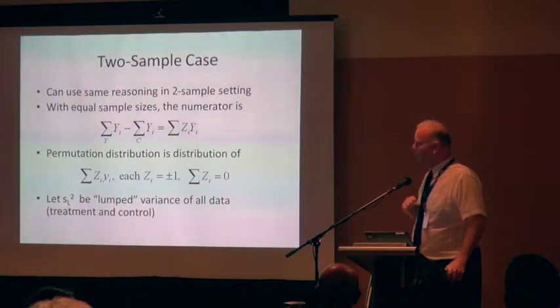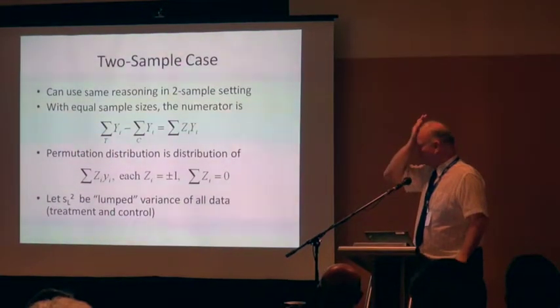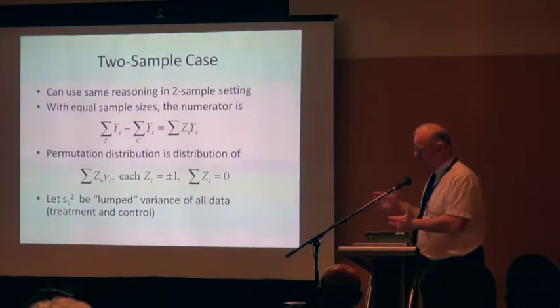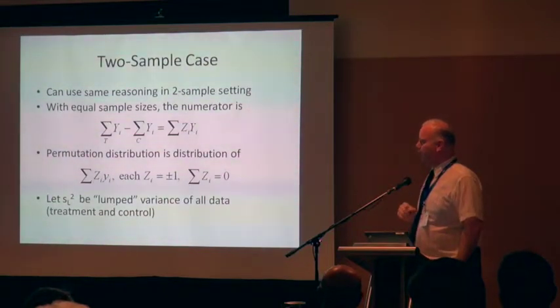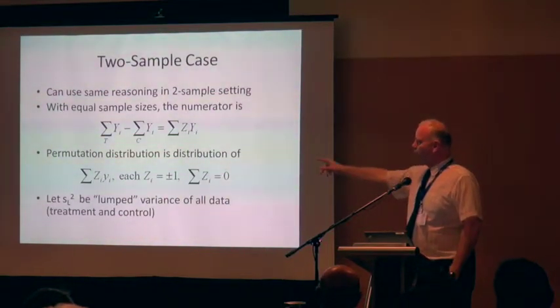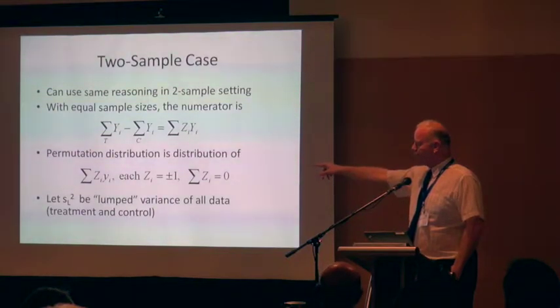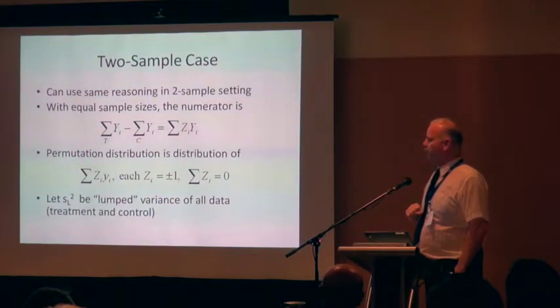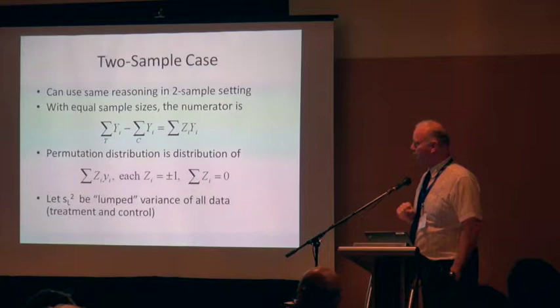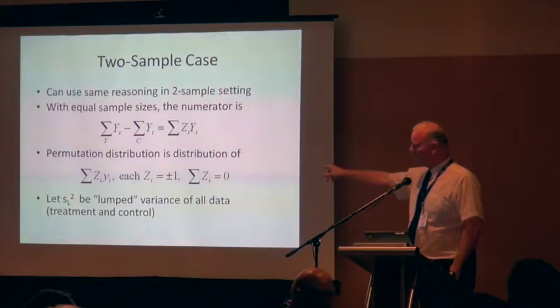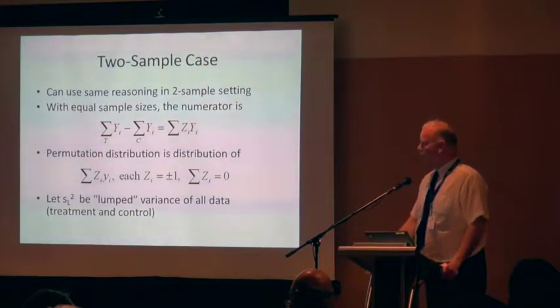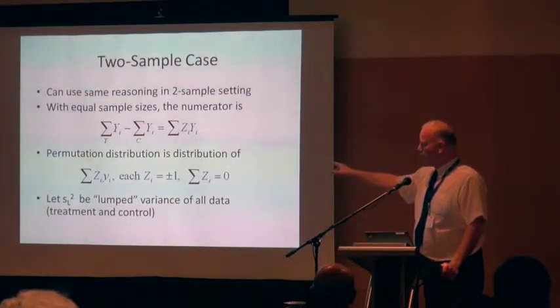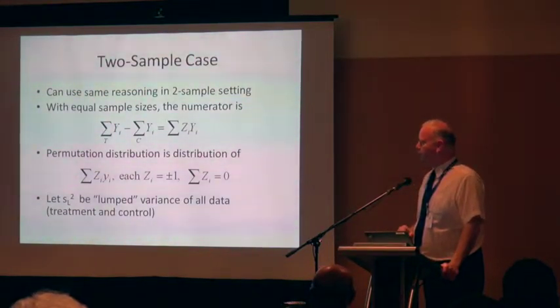We're assuming that the variance is the same between those two groups. And I'm going to argue that based on the permutation test, we could also do an adaptive t-test. The permutation distribution is just the distribution of the sum of Zi Yi. Again, the Y's are fixed. Here it's slightly different because you also have the constraint, if you're conditioning on the sample sizes, that the sum of the Zi's is equal to 0.